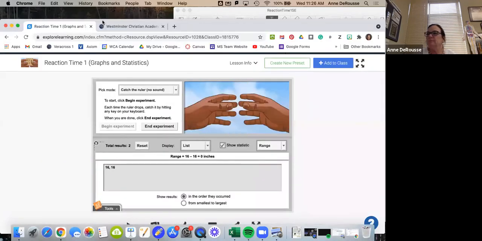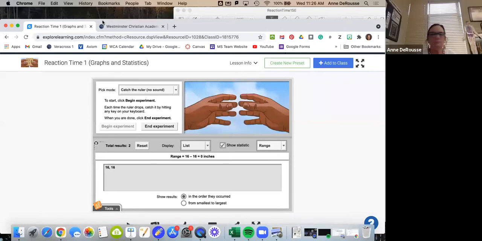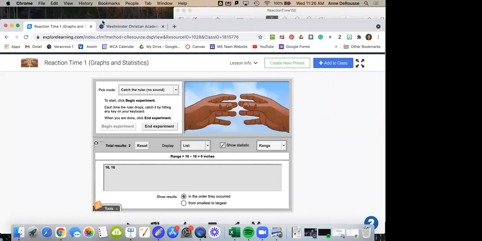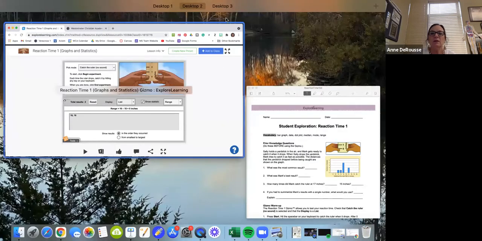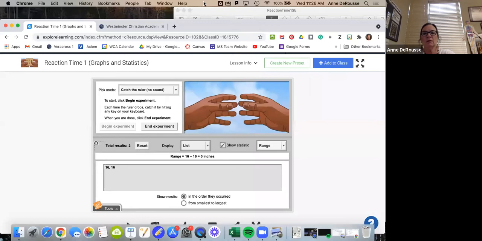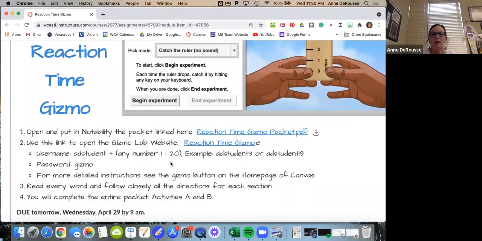And this gizmo, are we doing the whole packet or just like a page of it? The whole packet. Okay. So there's 2 pages. What's the code again? If you go to Canvas, here, it's right here. Give me a thumbs up when you have both and you're ready to go.